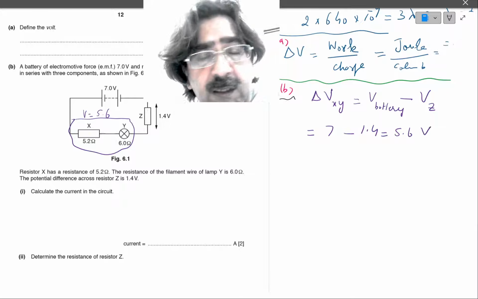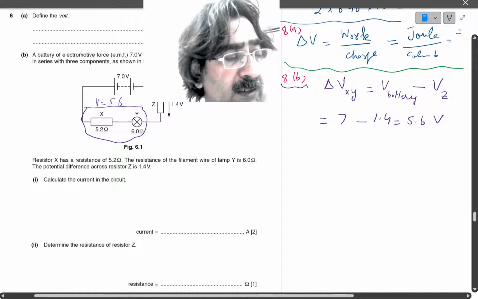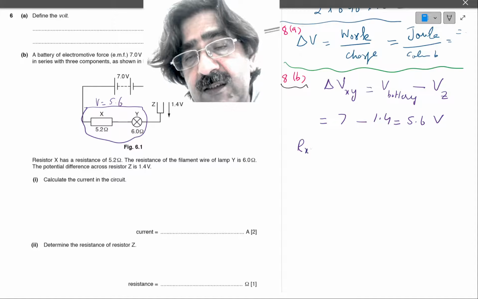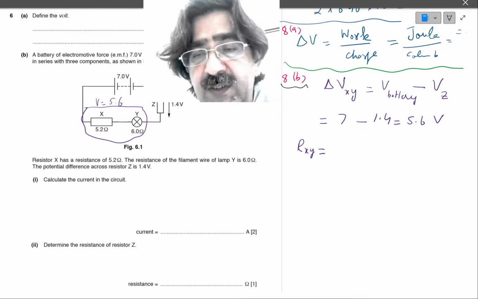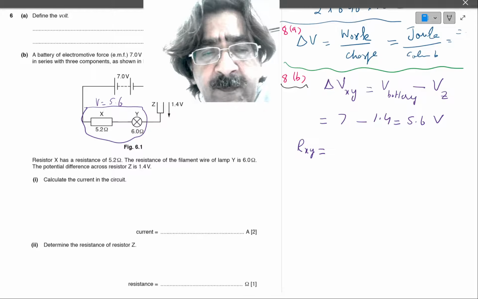Now for measuring the current, we have to find the resistance. Because X and Y are in series, the resistances will add.